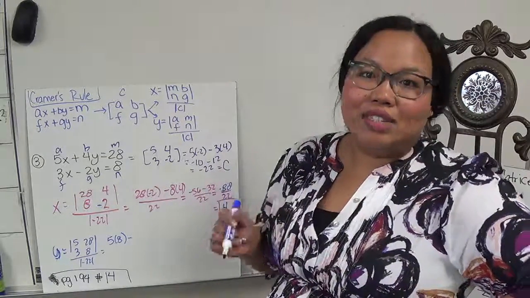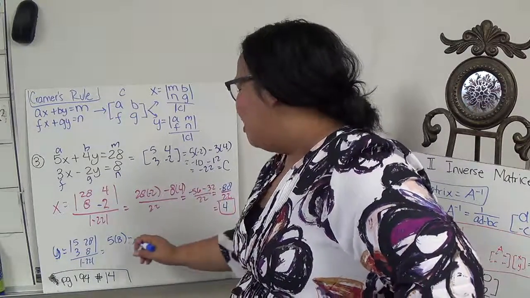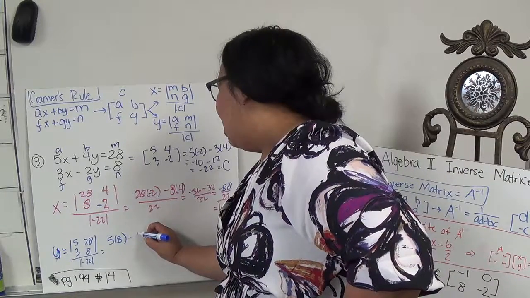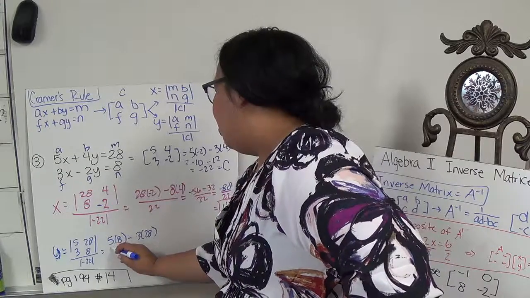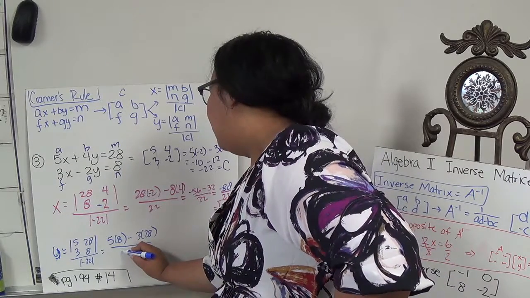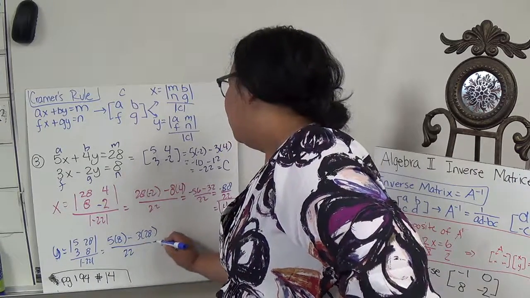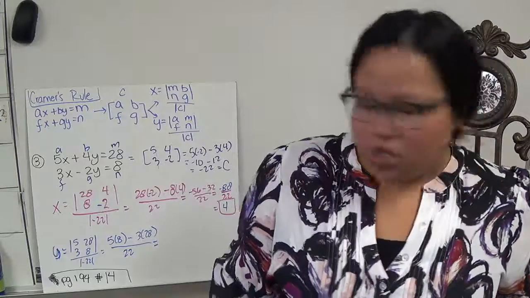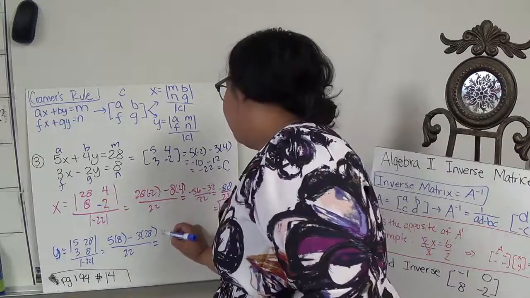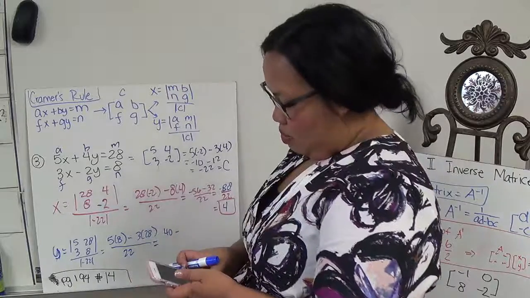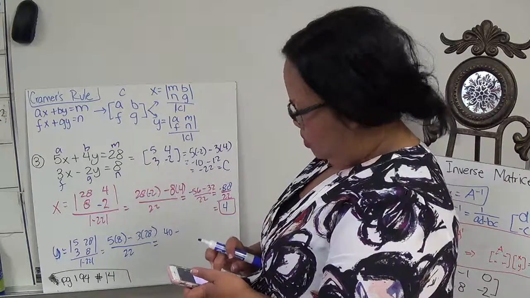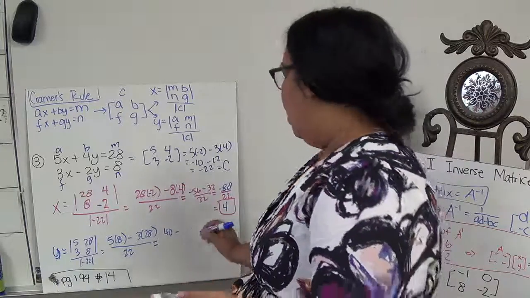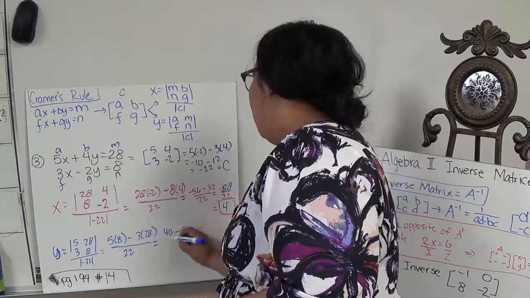Okay, that's my lesson. So 5 times 8 and then 3 times 28 all over the absolute value of 22, which is positive 22. So we have 40 minus 3 times 28, which is 84 over 22.